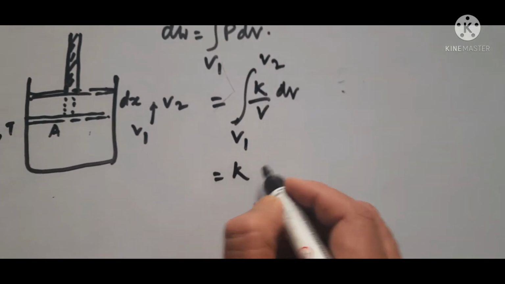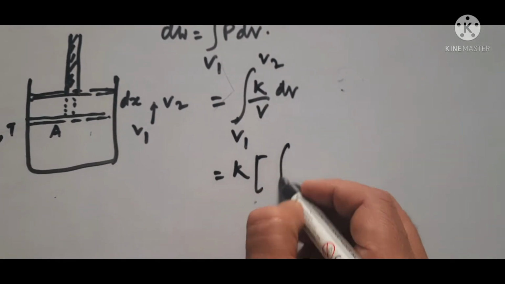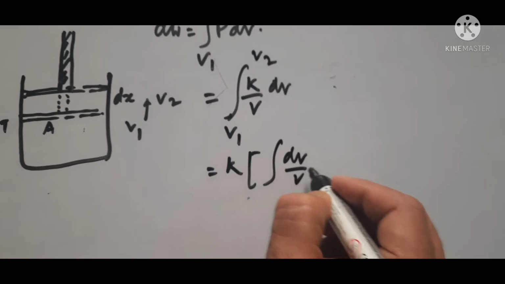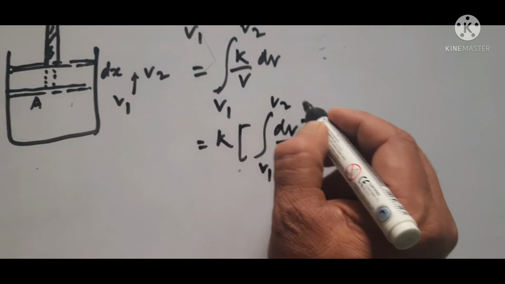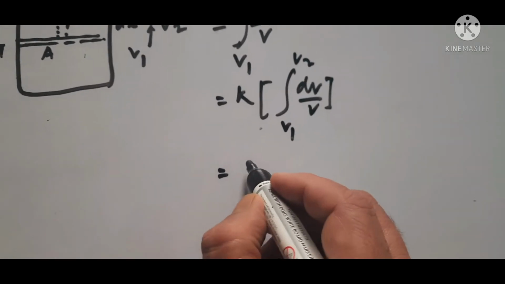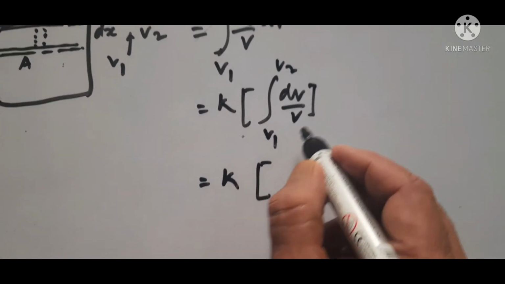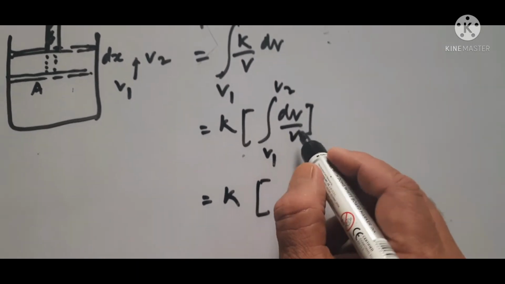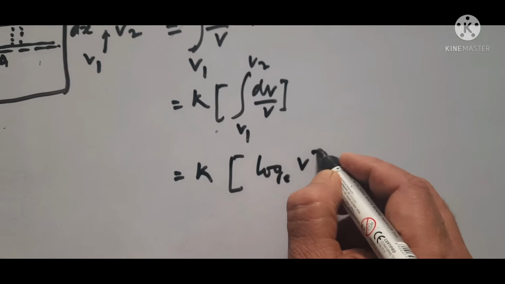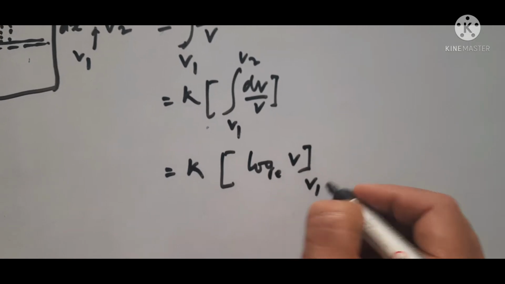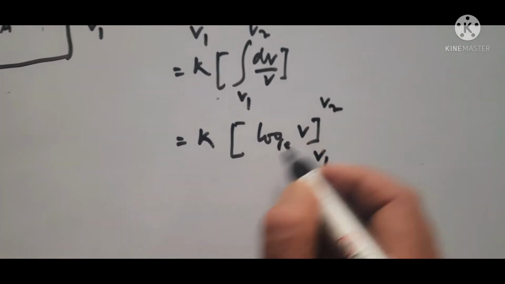So that K is constant. So K times the integration of dV by V, and the limit is V1 to V2. Now the integration of dV by V is log base e V, upper limit minus lower limit V1 and upper limit V2.